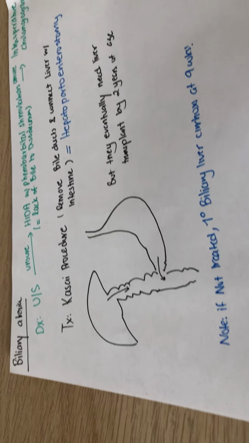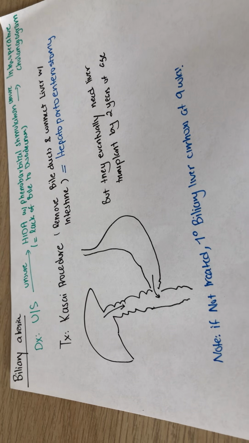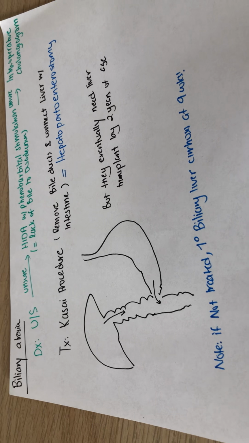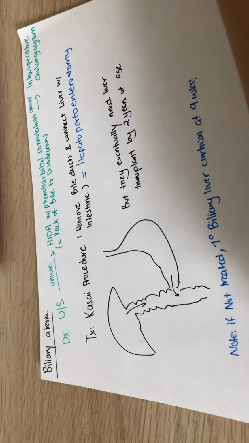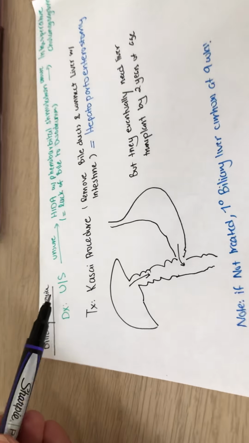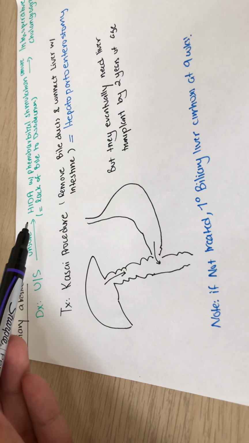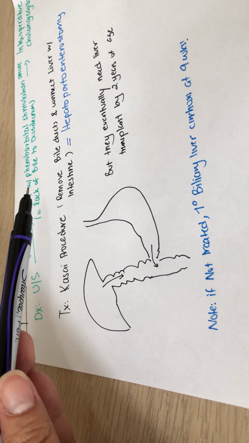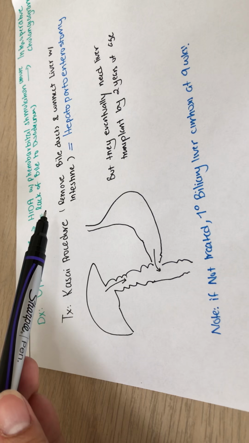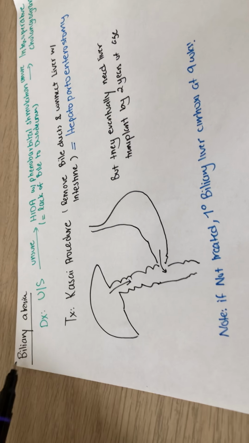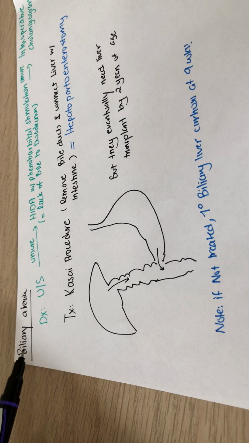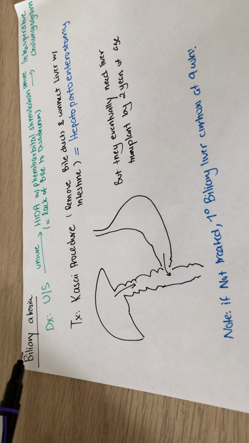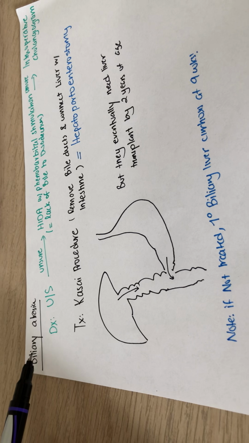I have more information about biliary atresia. If you suspect biliary atresia, the best next step is ultrasound. If ultrasound is unsure, you can do a HIDA scan after pretreating with phenobarbital, and you see no bile reaching the duodenum, because biliary atresia basically means the bile duct, mainly the common bile duct, is absent.